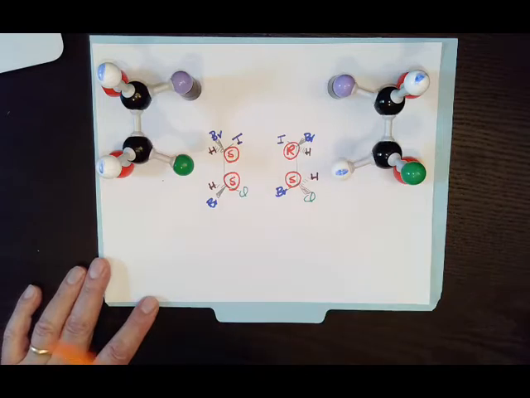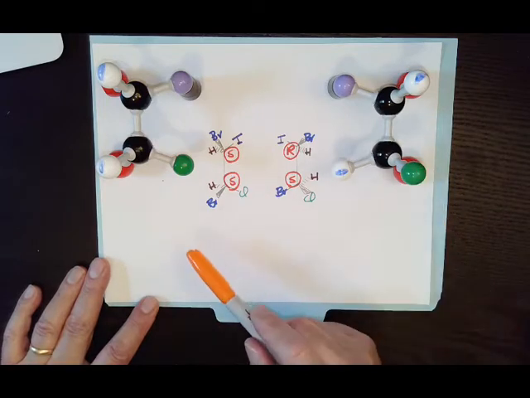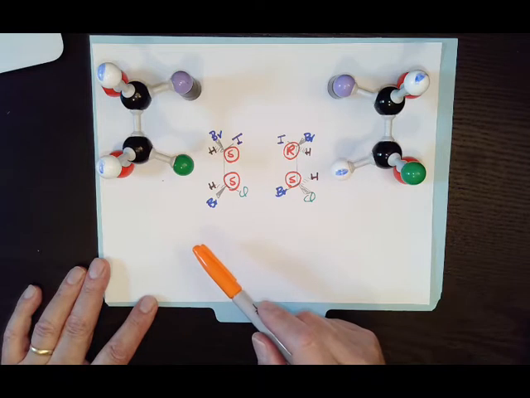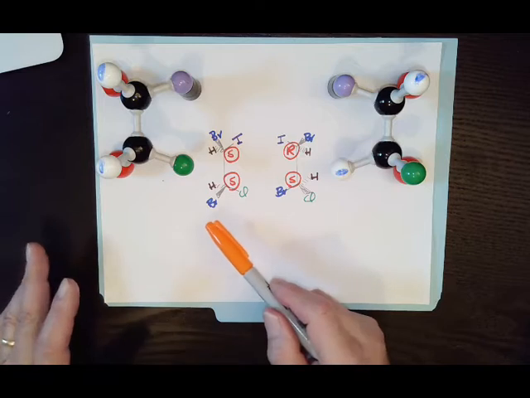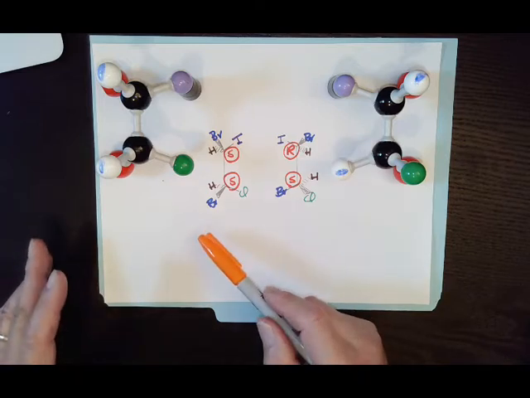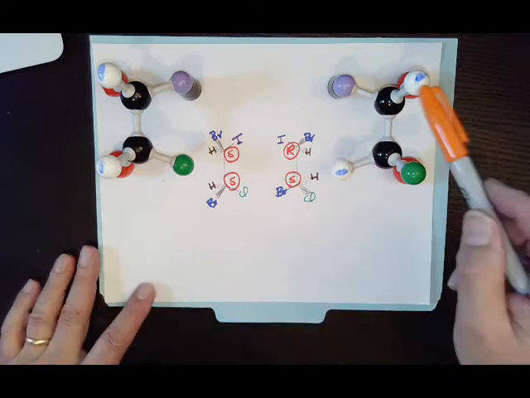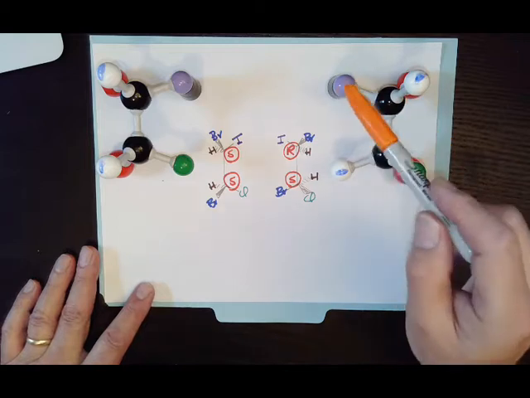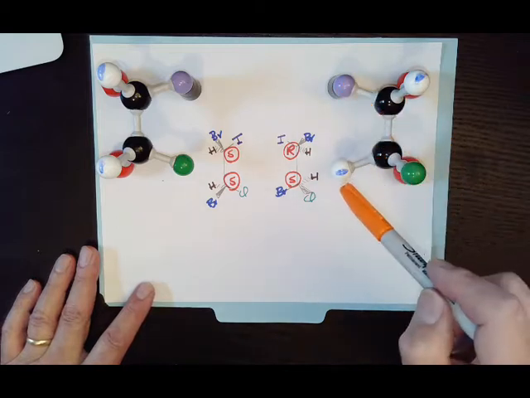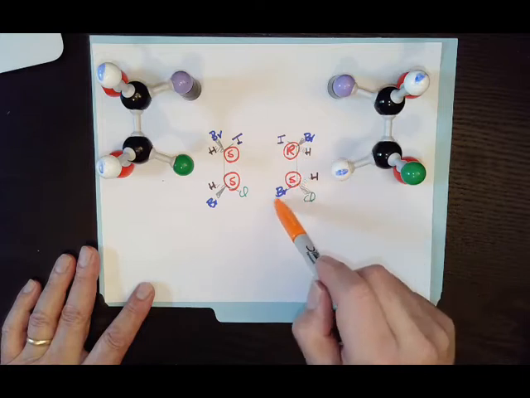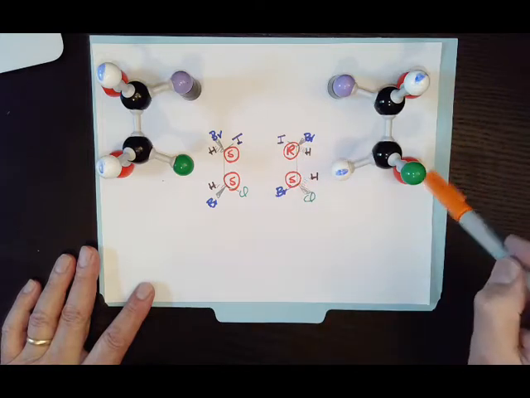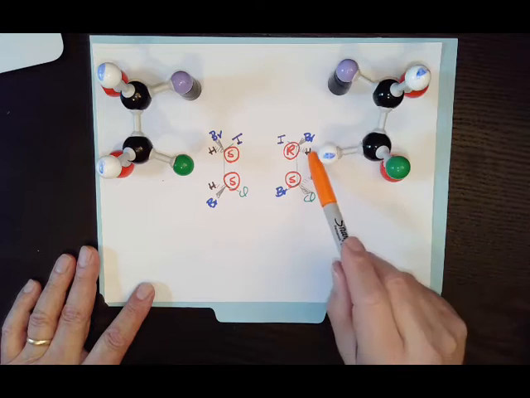So what I did on the other model that we have, I took the bromine and chlorine, exchanged them, broke the bond, and you can see now it's a little bit different. The first carbon is still the same. So we have I, carbon, carbon. Now we have bromine. Hydrogen in both cases is still away from us.